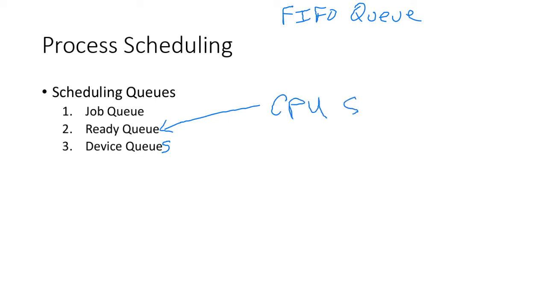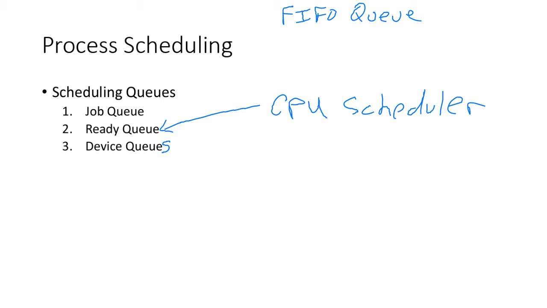The CPU scheduler definitely is involved with and utilizes the ready queue. When the CPU becomes free, that's where it goes to, however it might be implemented.